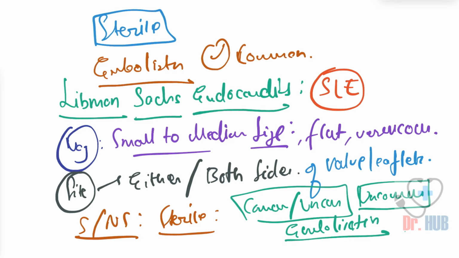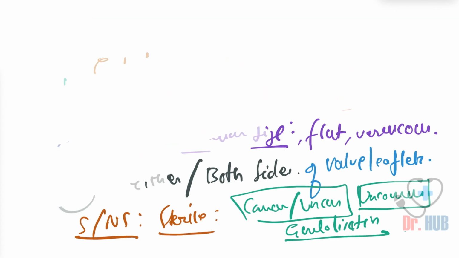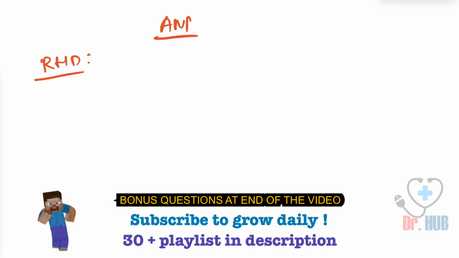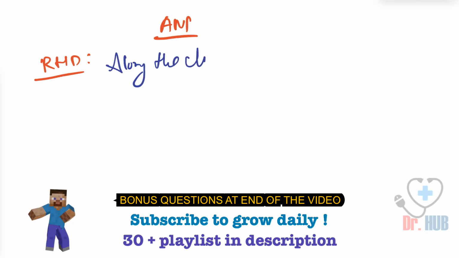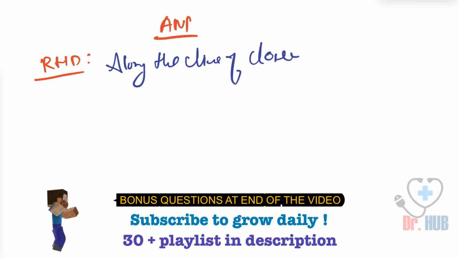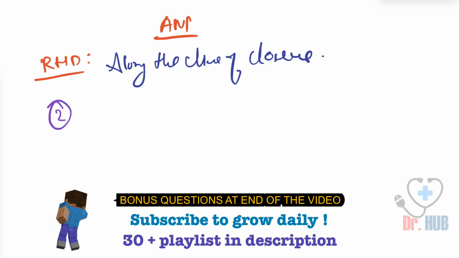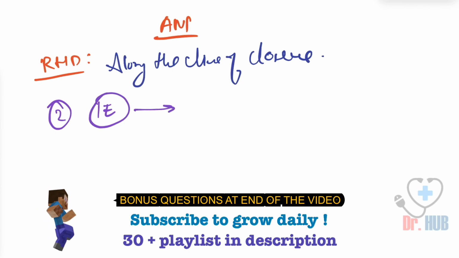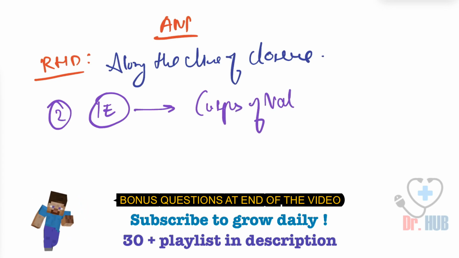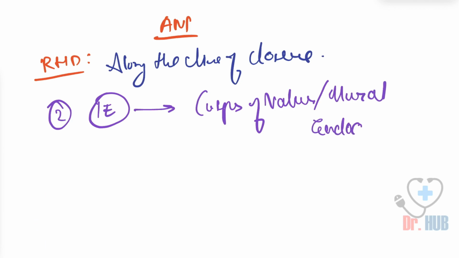Now we'll be answering our questions. The first question we asked was, in terms of rheumatic heart disease, where is the site? The site of the vegetation is along the line of closure. The second question was, what is the site in case of infective endocarditis? The site is the cusps of the valves as well as the mural endocardium.